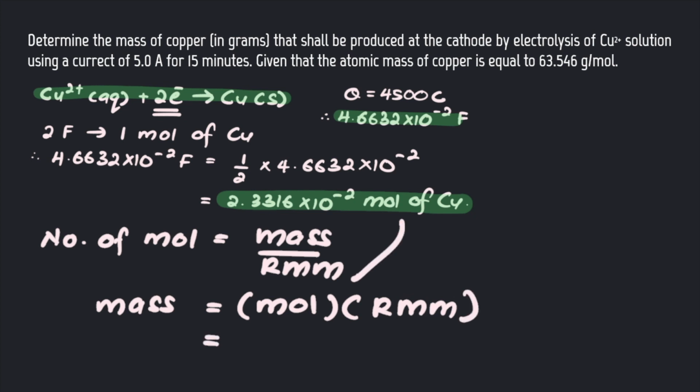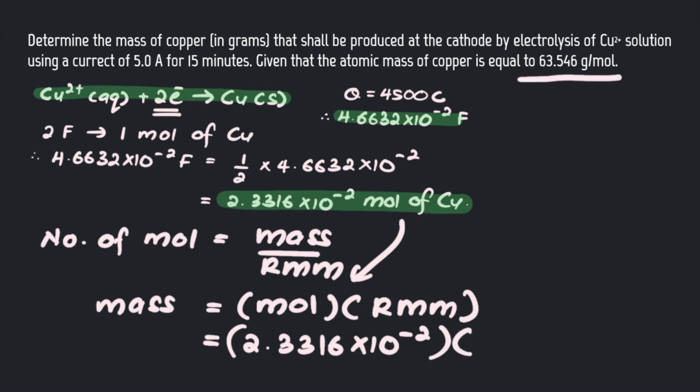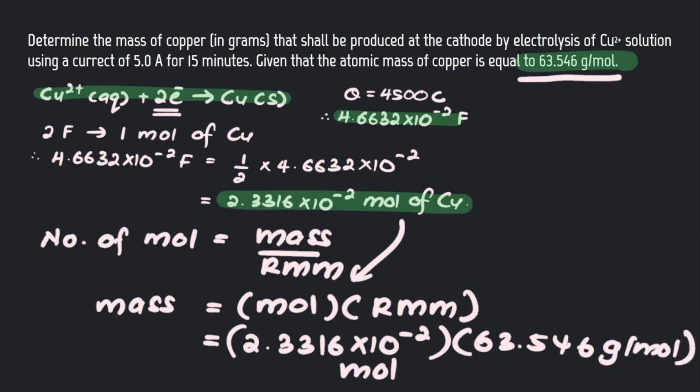The number of mole is what we calculated just now, 2.3316 times 10 to the power of negative 2, and it's given that the atomic mass for copper is 63.546 gram per mole. So this one is definitely mole. If you cancel this one, your final answer should be equivalent to 1.4816 gram. This is the final answer for the second question.